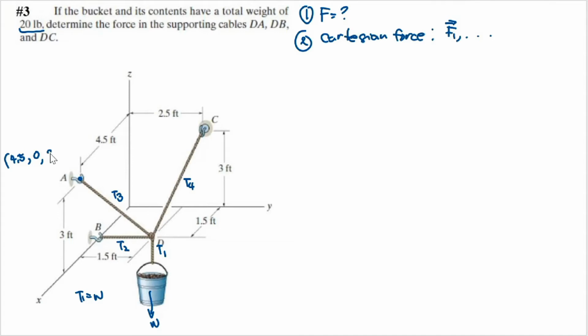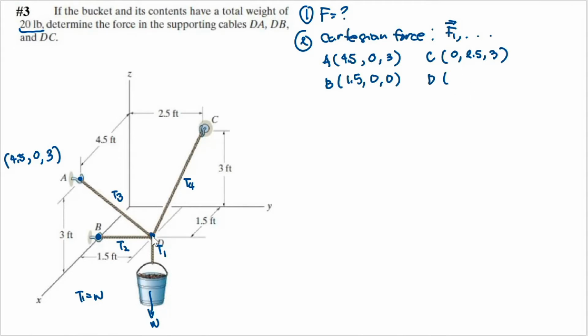Okay, for A, good. Okay, how about for B? Si B, ma'am, 1.5, 0, 0. Good. C, 0, 2.5 po. And then 3. 0, 2.5, and 3.